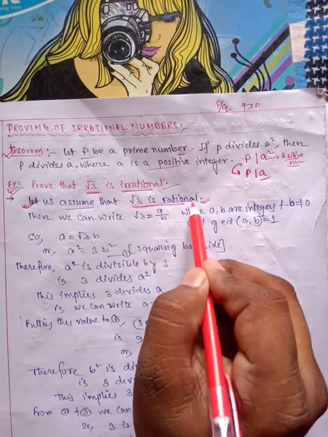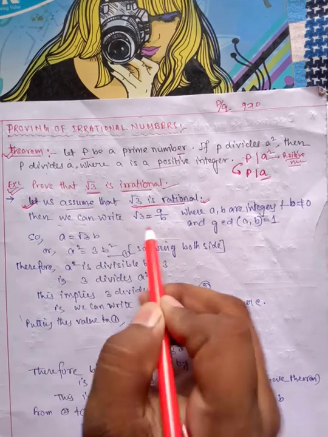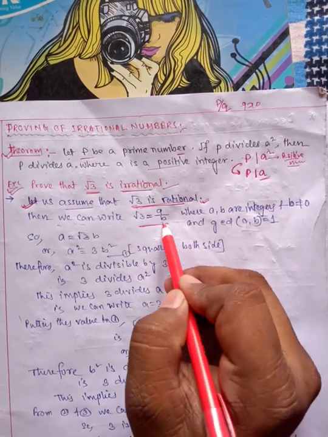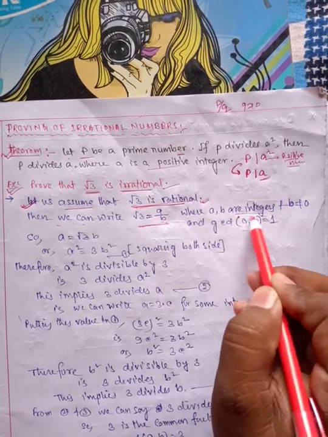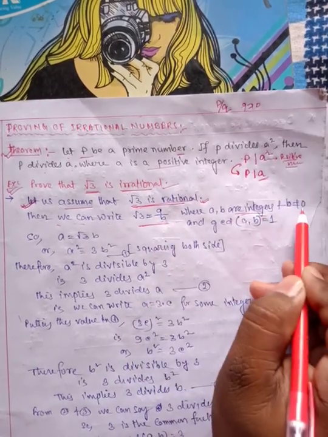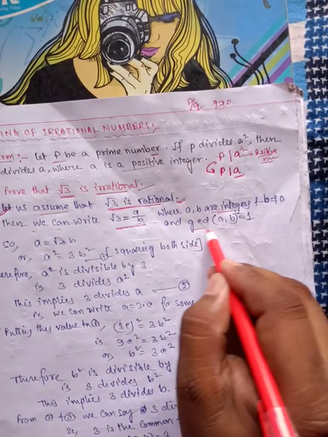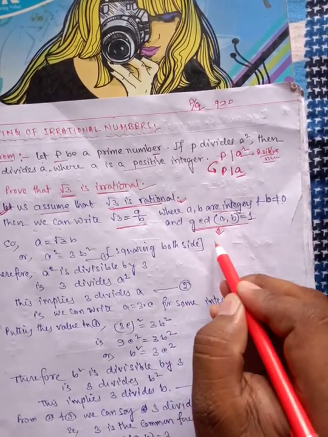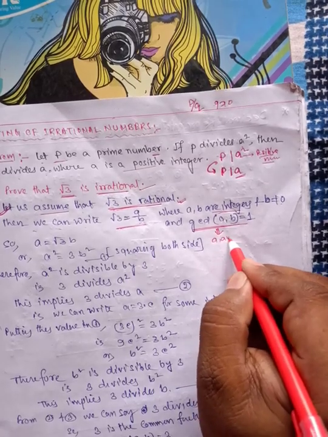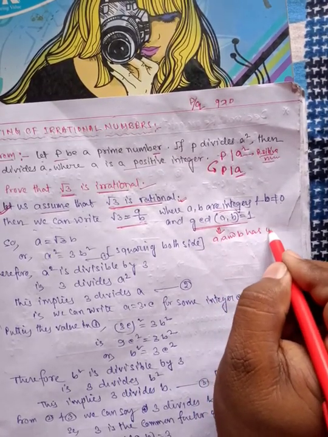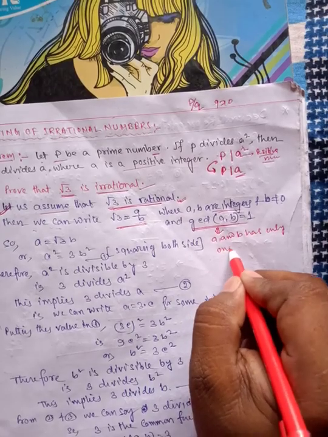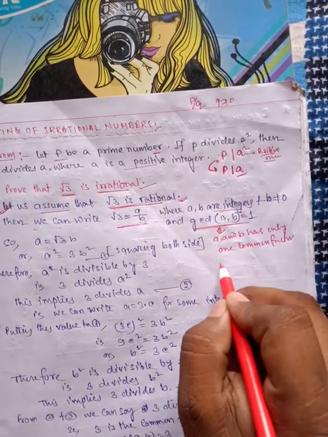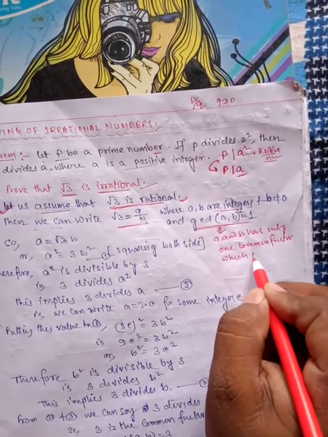So if root 3 is rational, then we can write root 3 in p by q form, that is a by b form, where a, b are integers and b is not equal to 0. And one more important thing is GCD of a, b is 1. That means a and b have only one common factor, which is 1.